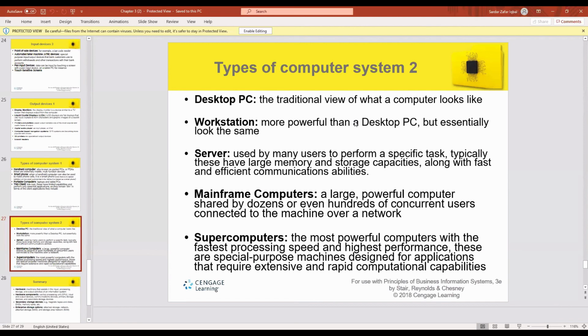A server is used by many users to perform specific tasks. As I just told you, there is a server and there is a client. Typically, these have large memory and storage capacities, along with fast and efficient communications abilities.